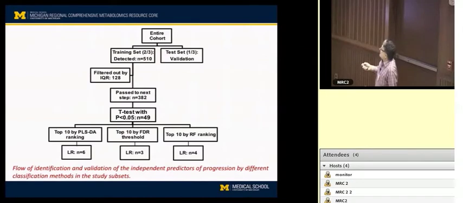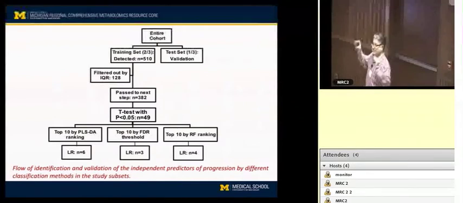Then from the top 10, we further narrowed down by application of a logistic regression model to see what are the independent predictors that remain after eliminating those that are either non-significant or are highly collinear with more significant ones.